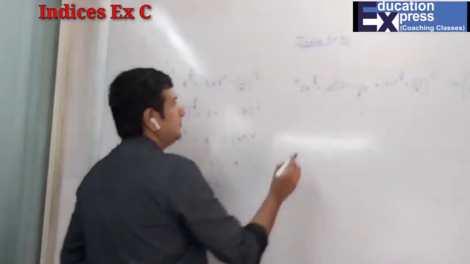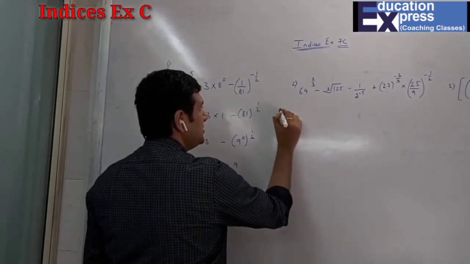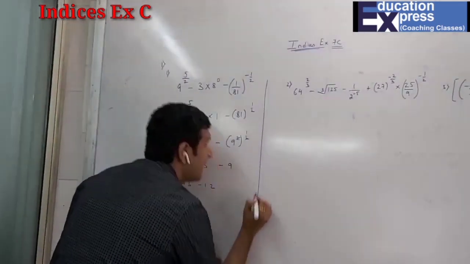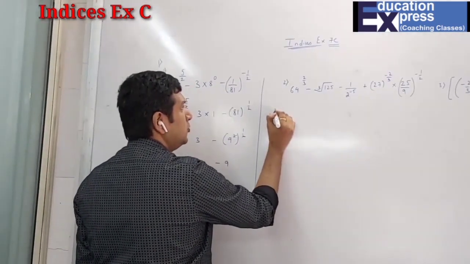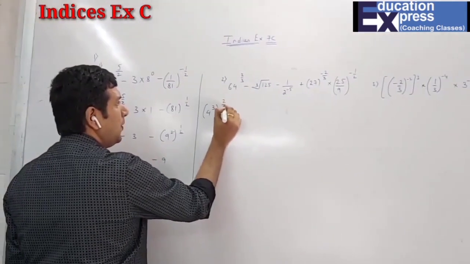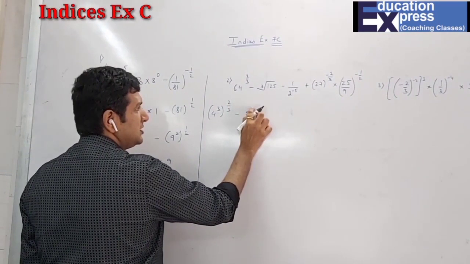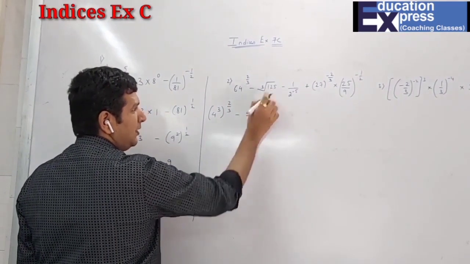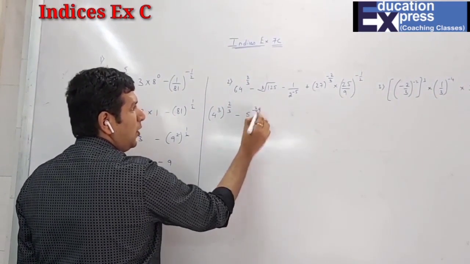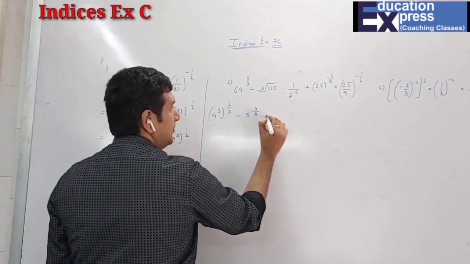Next sum: 64 is nothing but 4 cubed, raised to 2 upon 3, minus 5. Students, I have explained this to you. This is nothing but 5 cubed upon 3, raised to negative power.